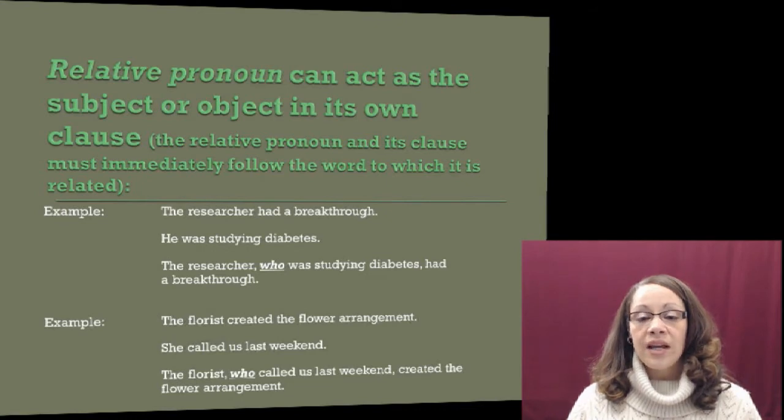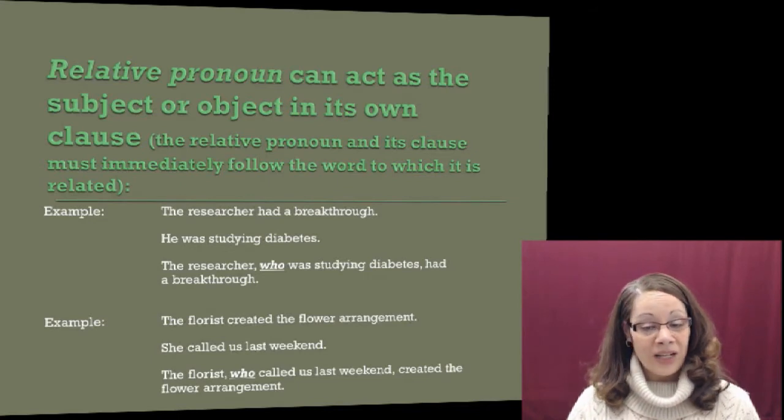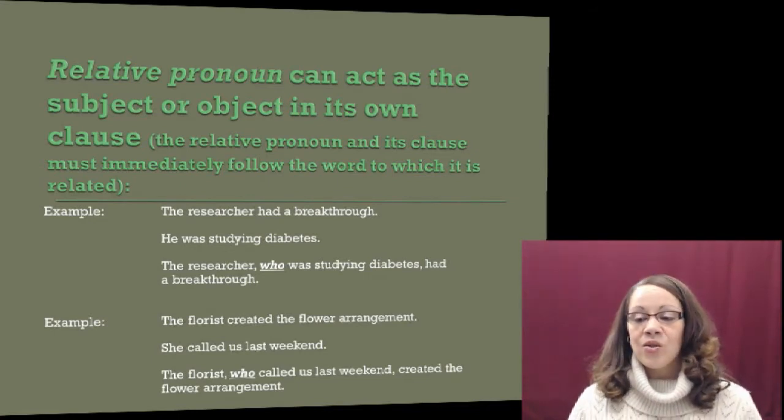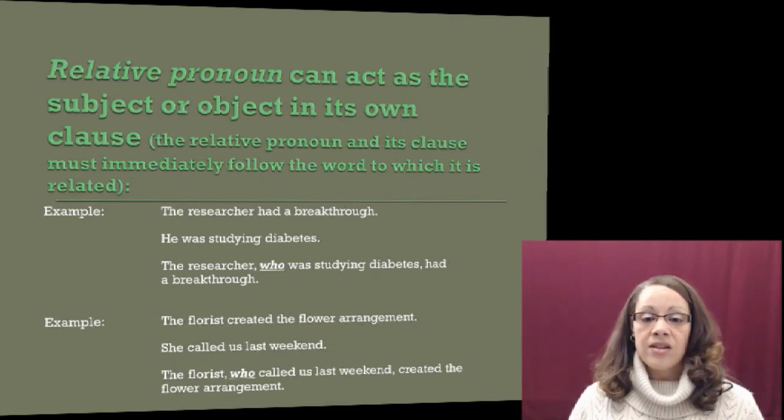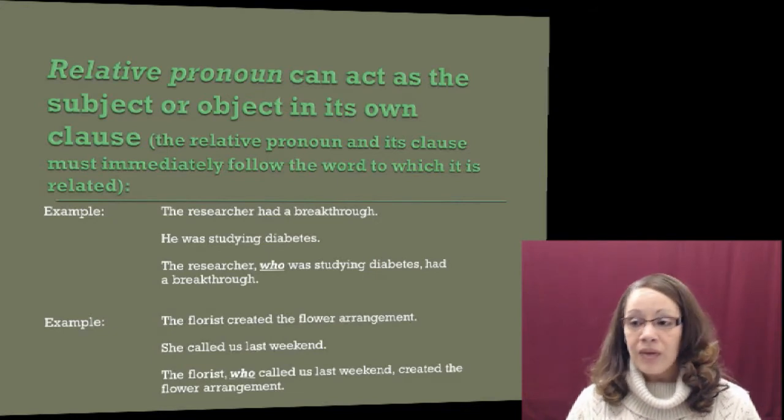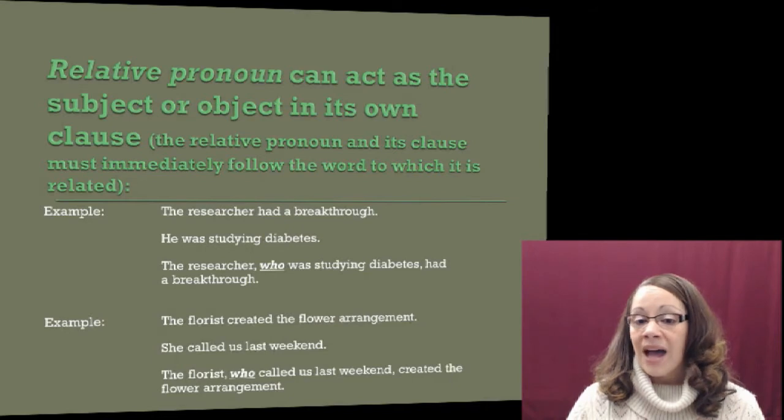So who was studying diabetes, if we remember in an earlier module, is called an appositive that describes the noun right before it. In this case, researcher is the noun right before the appositive. So we have who was studying diabetes as our appositive, and in the appositive, who is our relative pronoun that comes right after the noun which it modifies. In this case, it's researcher.